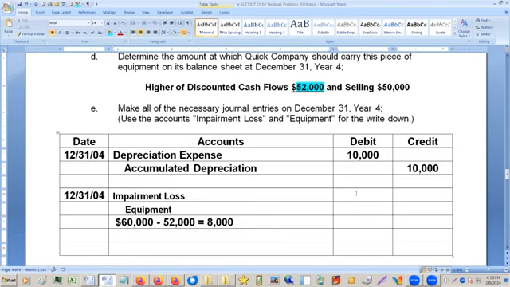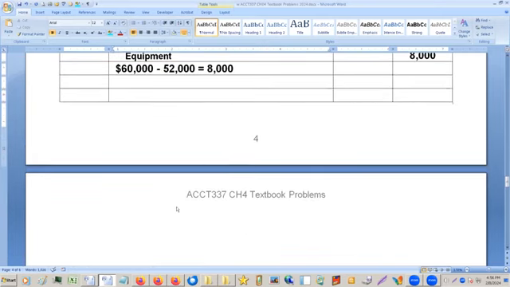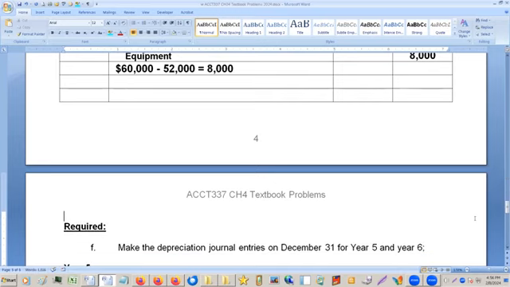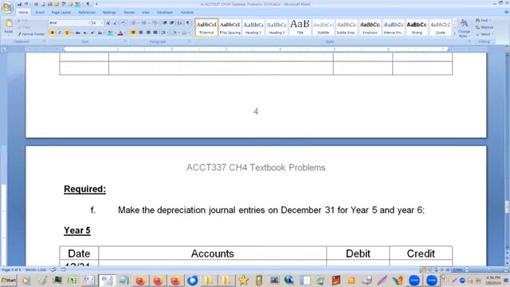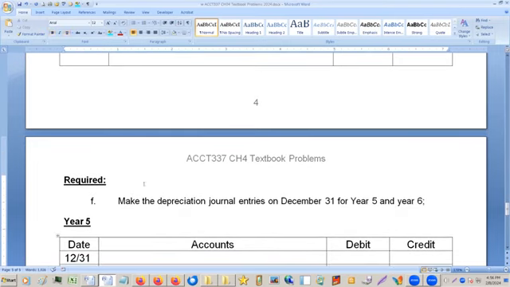Okay. And so we'll write down the equipment by 8. Okay. Oh, more fun. Oh, okay, right. This is going to be a reversal thing.